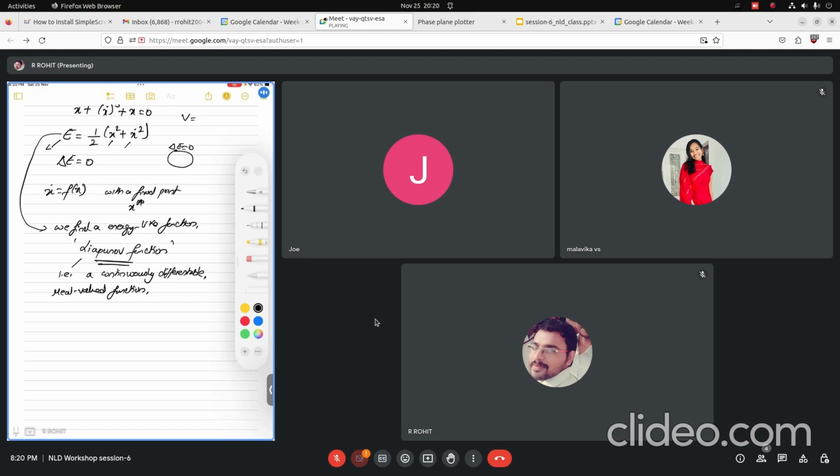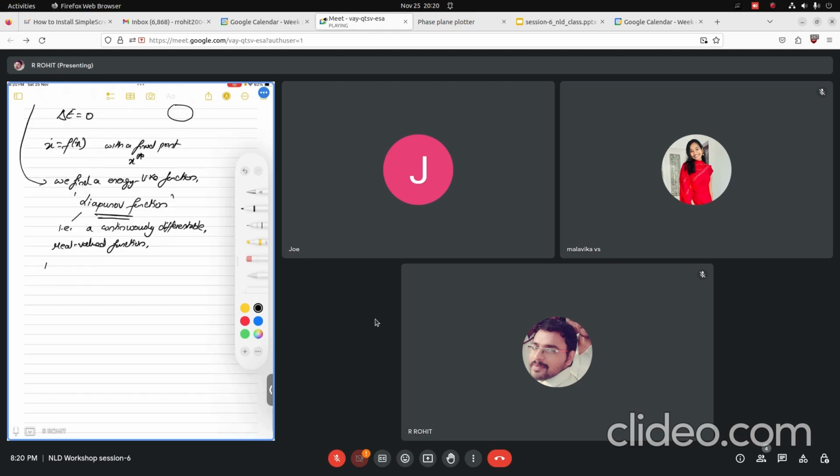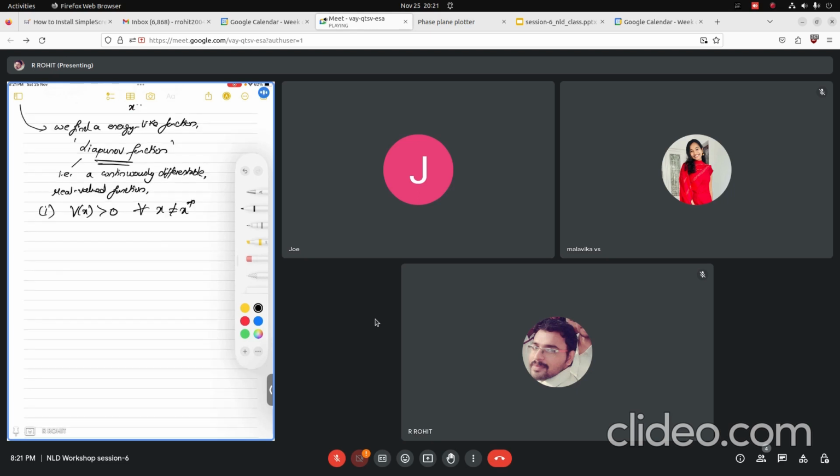And if these conditions are met, then that potential or that Lyapunov function v of x should be greater than 0 for all x not equal to x star. I will just draw the diagram first, then you will understand it more clearly. So this is that v of x, and this is the fixed point, x star.